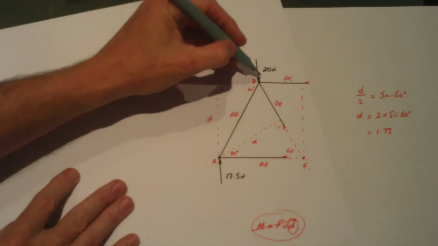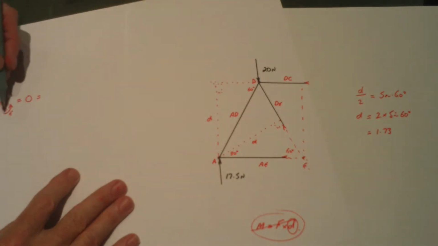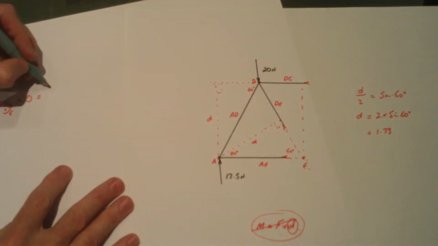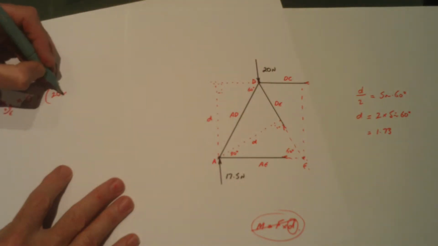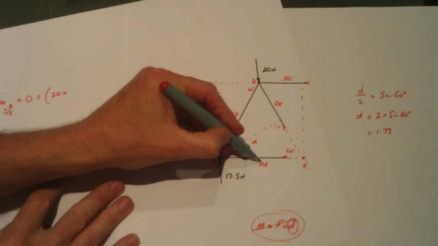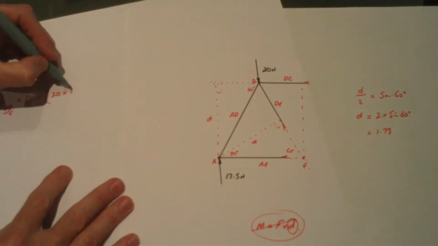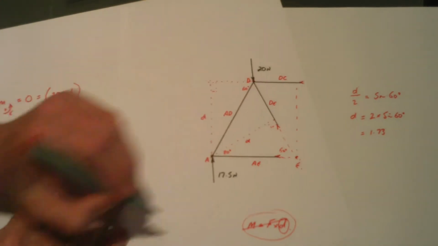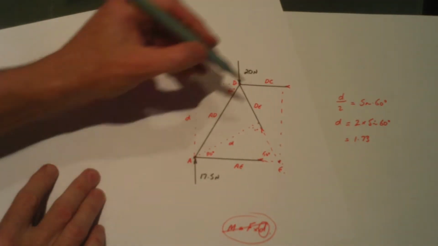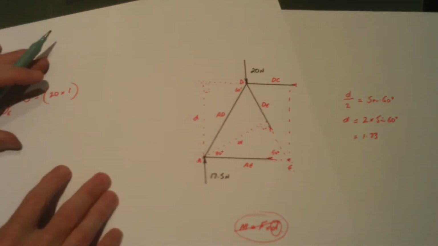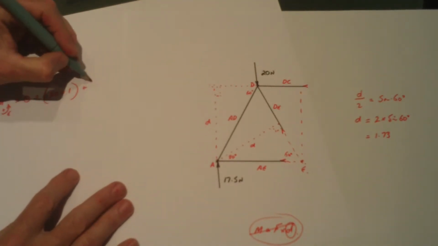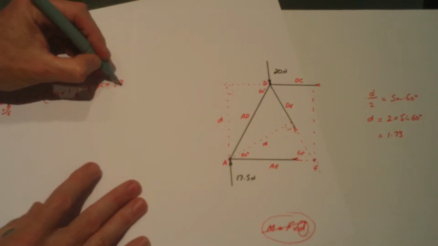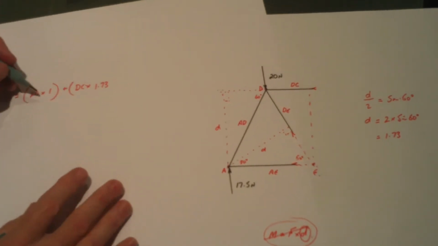We've got a positive 20 rotating about E in the direction we want. So let's call that 20 times the distance to it, which is half of our 2, times 1. And we've got DC, we're assuming it heads in that direction. We don't know for sure, but it looks logical. So it's going to be a positive as well. So DC times our 1.73 that we calculated the distance to be.